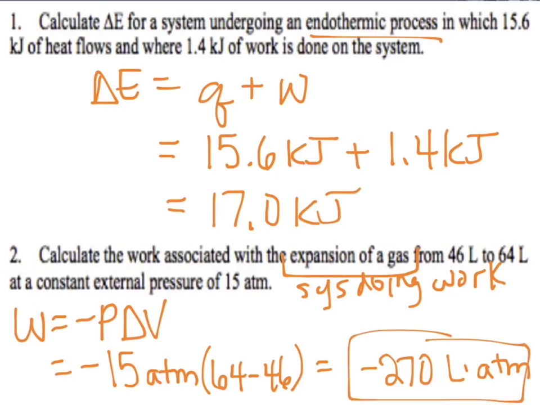Now, if it would have said calculate the work in joules, then we would have converted this to joules, but it did not ask us to do that, so I'm okay leaving it there. Everybody good? One last problem?